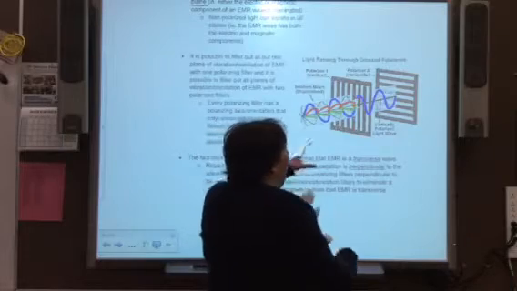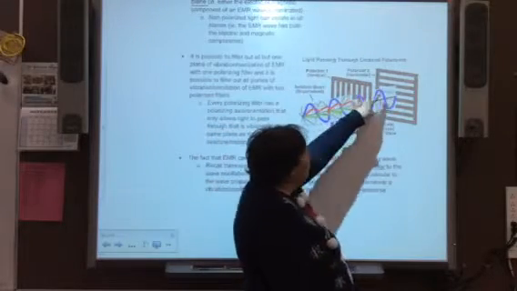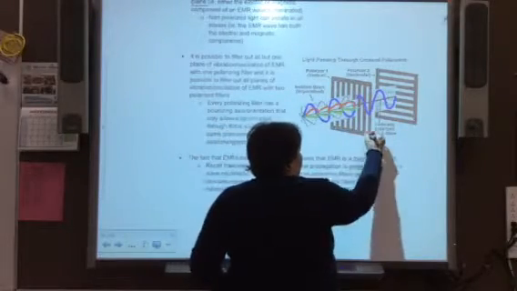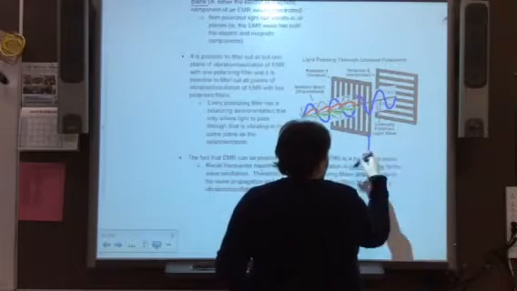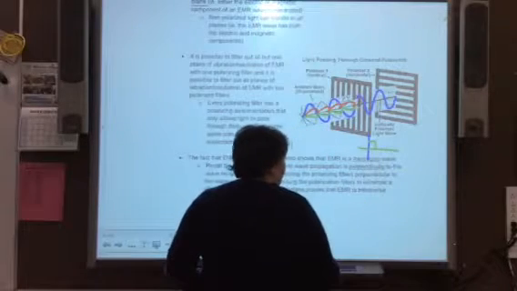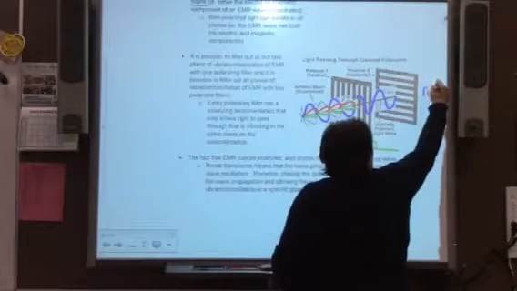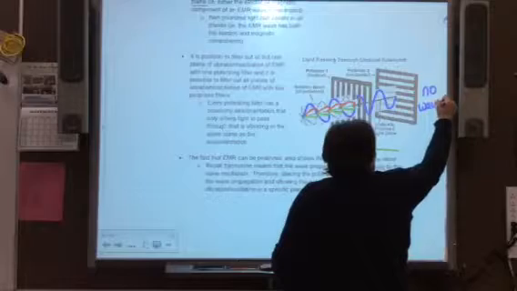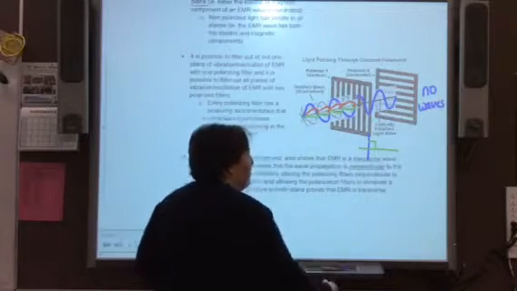Then if we take a second polarizer and rotate it 90 degrees, so these are going this way, and the second one is going this way, they're 90 degrees. Now we have no light coming through.